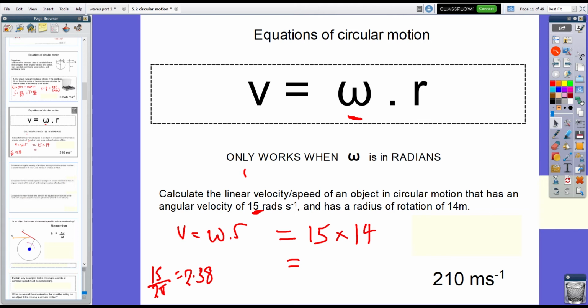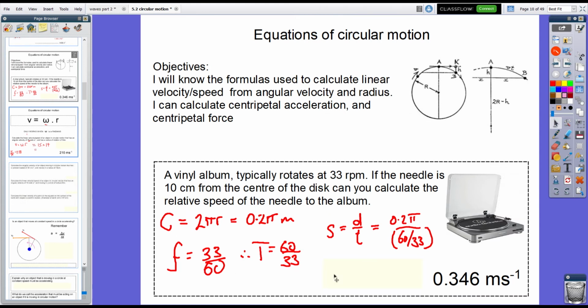We could have solved that previous question with exactly the same technique. We could have just done V equals omega r, where omega is 2 pi f, so 2 pi f times r would have given us the same answer.